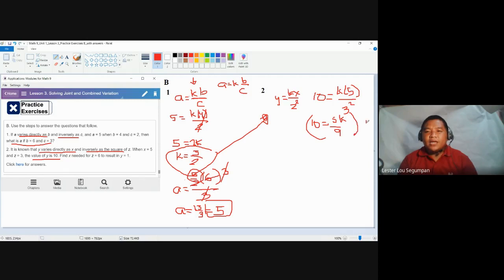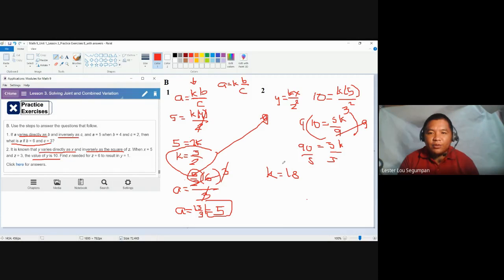Multiply 9 on both sides, so you cancel this. 90 is equal to 5k. And then divide 5 on both sides. K is 18, because 90 divided by 5 is 18.